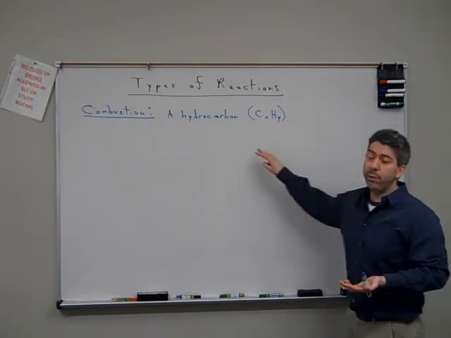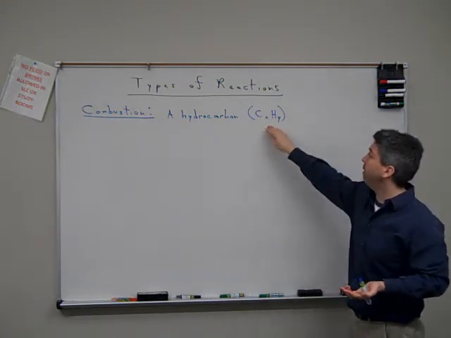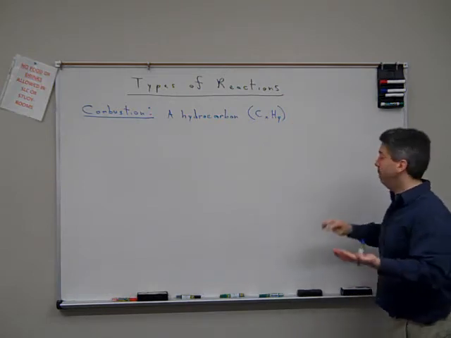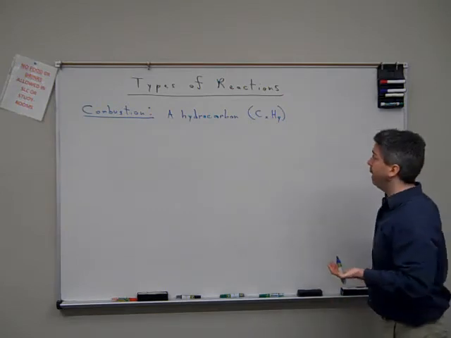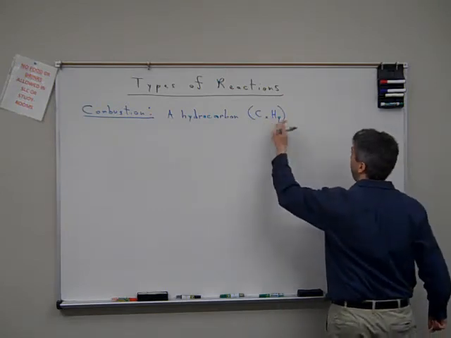Now, you can also have a hydrocarbon with oxygen. It could be CXHYOZ. But mostly these combustion reactions that you're going to see are just going to be a plain hydrocarbon with oxygen.